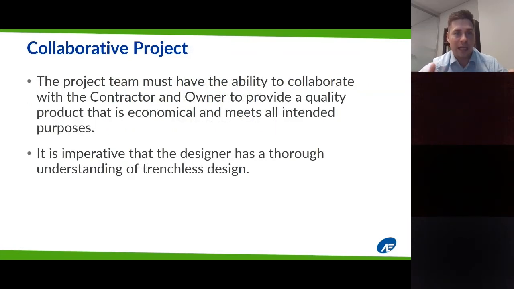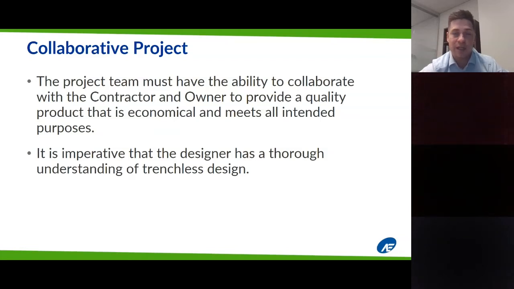So again, this was a collaborative project with the project team, the owner, the contractor, and everyone here to provide a quality product that is economical and meets all the intended purposes. Again, this illustrates that it is imperative that you have a designer who has the knowledge and understanding of trenchless design, so it's not just a line on the drawing, and if a change comes up, they can discuss it and analyze it as well.